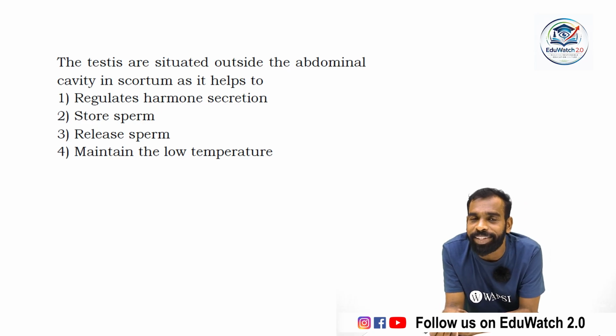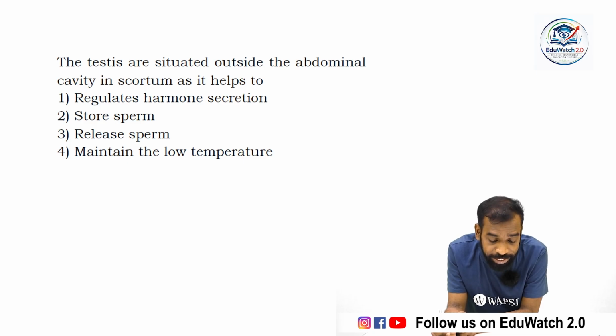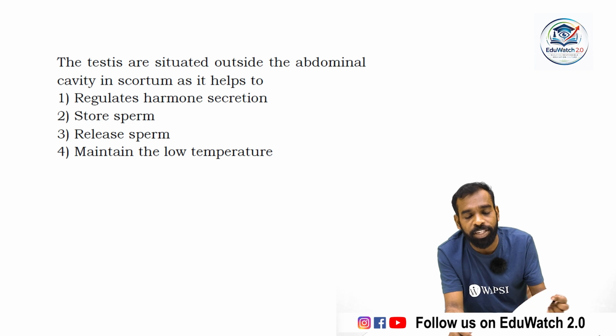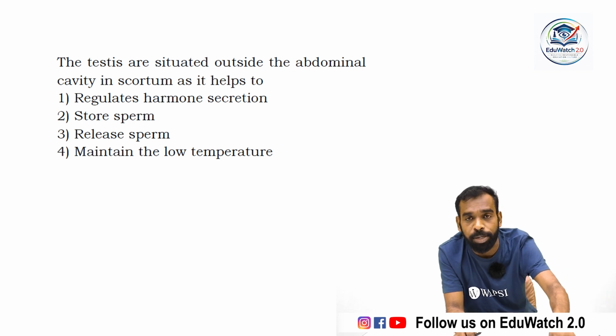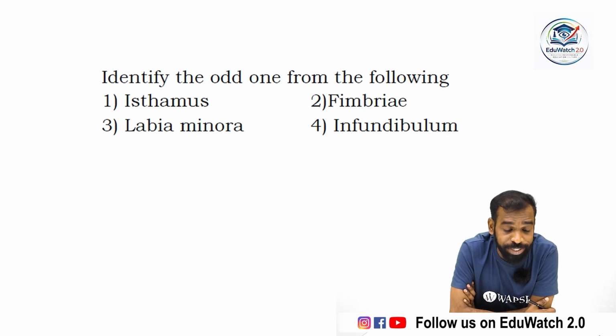Why is it placed like that? The spermatogenesis process requires a lower body temperature than the normal body temperature. So the correct answer is maintain low body temperature. Move to next question.